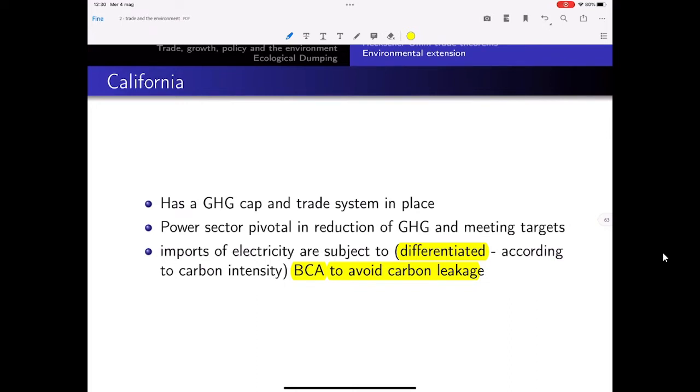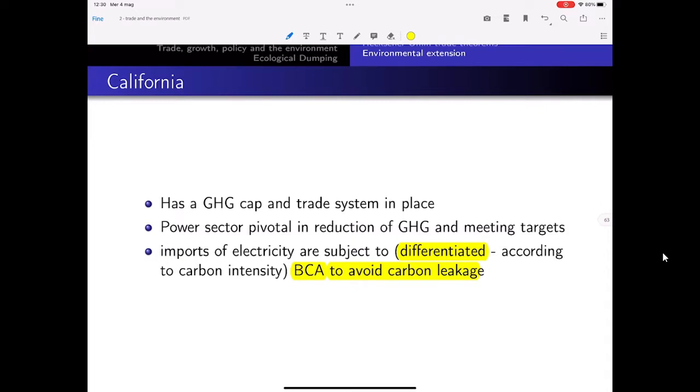What the policymaker wants to avoid, clearly, is that, given that there are costs on emissions in California, industry just moves outside of California, and then you import the dirty goods, so that you have overall the same emissions. Okay, this is carbon leakage. Only that this is a regional system rather than a national system. Because you have just a regional system for California.